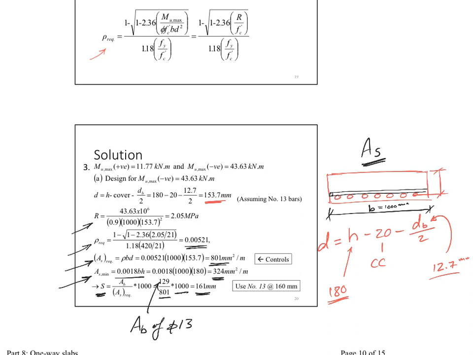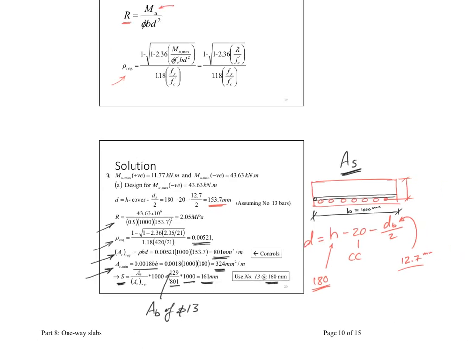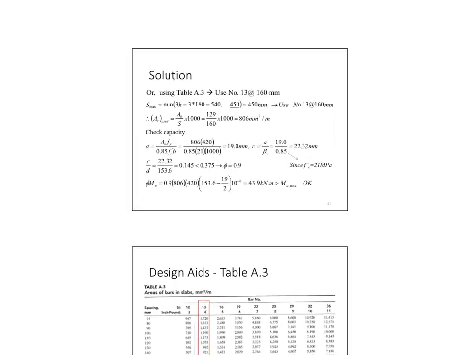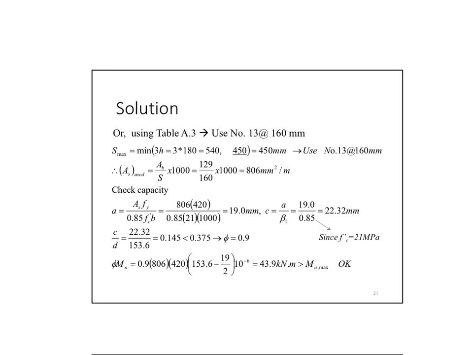A 161 can be rounded down to maybe 150, right? But here I just take it as 160 and we'll explain the rounding in the next slides. Or we can go to the table A3 right away and choose phi 13 at 160 millimeters.